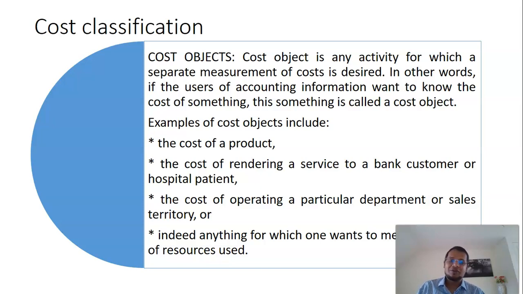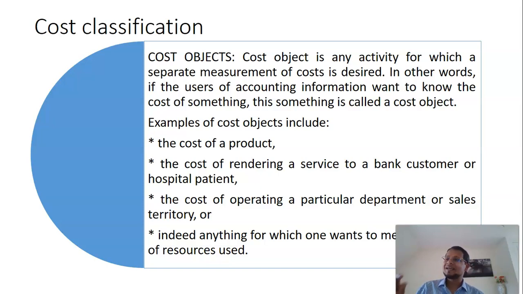Before we classify the cost, we can define what a cost object is, and why we calculate the cost. We calculate the cost so that we know the cost of a product.